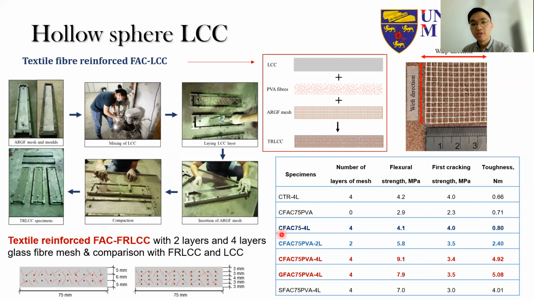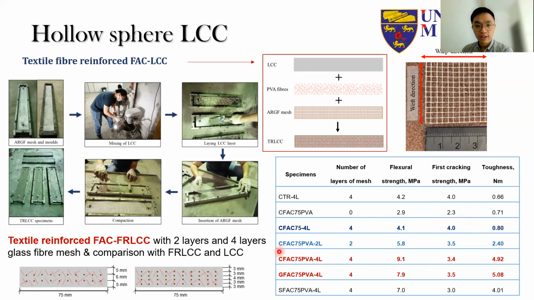But when we use this fly ash cenosphere LCC without any fibers, only reinforced with 4 layers of textile mesh, the one highlighted in dark blue over here, and we compare the flexural strength with a normal textile reinforced mortar, it is also similar, and the toughness is also similar. So it means that in a textile reinforced system, if we use this fly ash cenosphere LCC, it will give a similar performance as a normal textile reinforced mortar using a normal cement mortar, right?